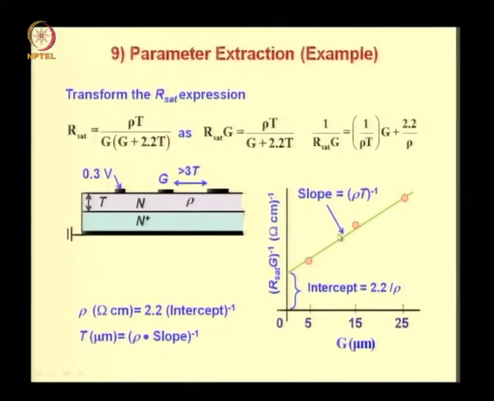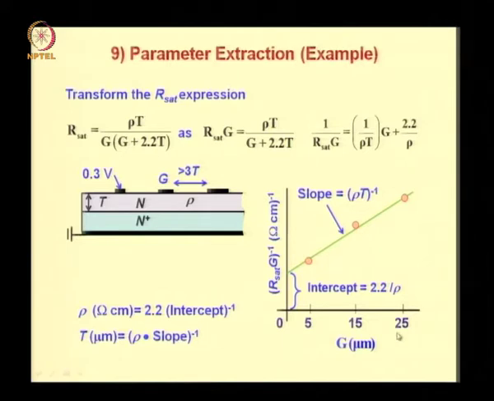From the slope and from the intercept, one can get the values of rho as follows. So rho in ohm centimeter is equal to 2.2 into reciprocal of the intercept, and T in micrometers is equal to reciprocal of the product of rho into the slope. So please note here that RSAT G is expressed in ohm centimeter and G is in microns.